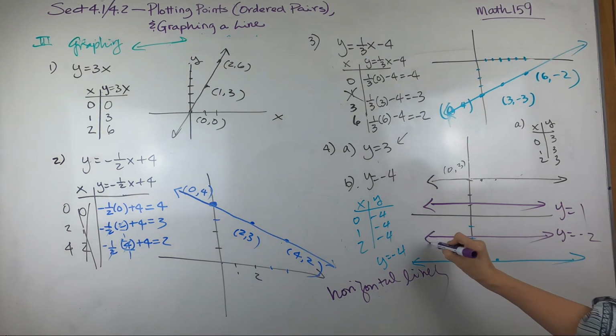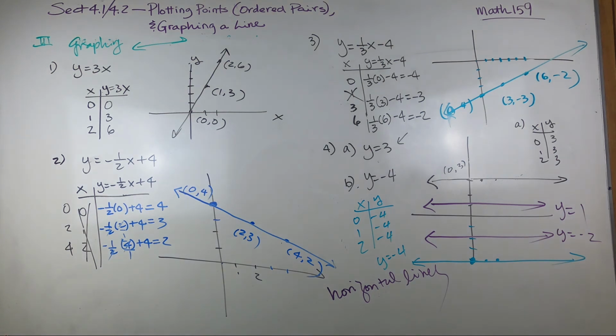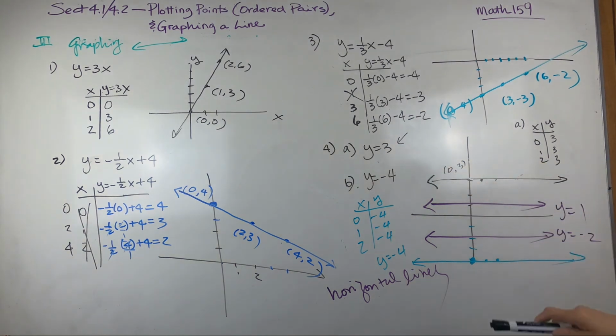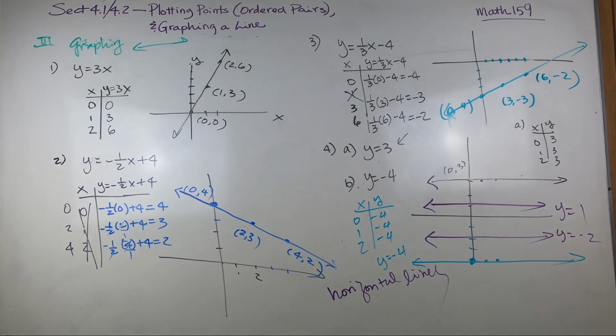That should look like this. You will use this. And you need to know the two variable world. If x is missing, only has y, that means you will have what? Horizontal lines. Got it?